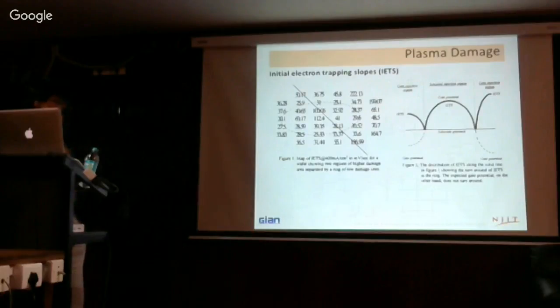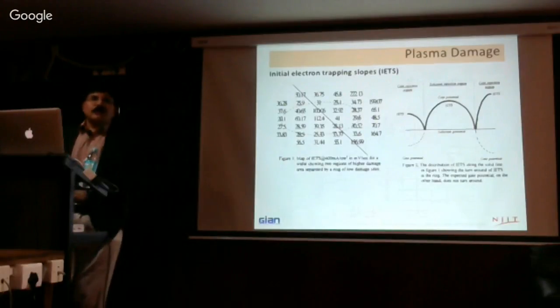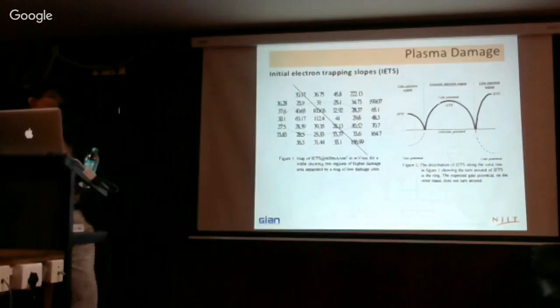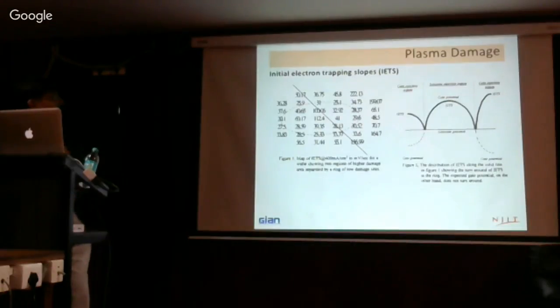If you have an 8-inch wafer and take measurements at different locations, you would expect these values to be identical. But we found something different. One side, outside the ring, was gate injection mode during the fabrication itself, and in the middle it was substrate injection.